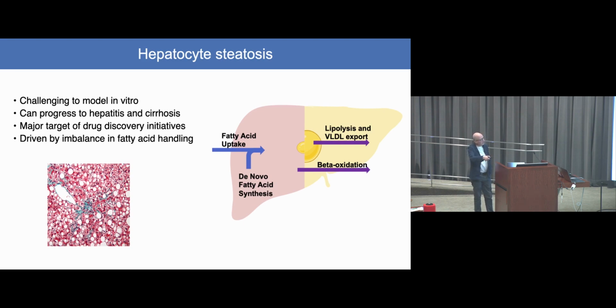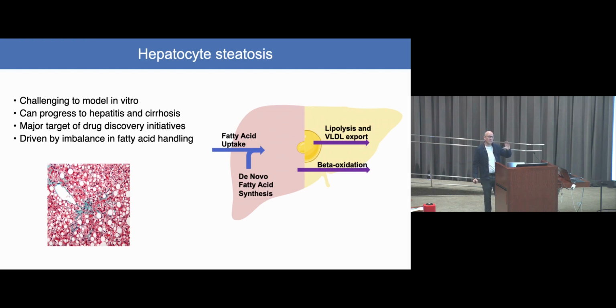The reason for this is that the liver is taking up fatty acids from the blood and also producing de novo fatty acids, and then it either goes under lipolysis to use them for energy, stores triglycerides as VLDLs to export, or undergoes beta oxidation to give you ketone bodies, which then go to the blood.